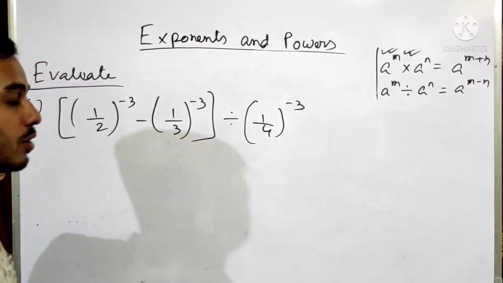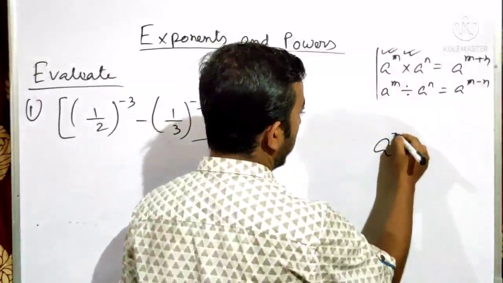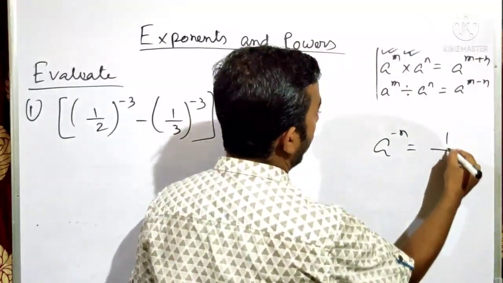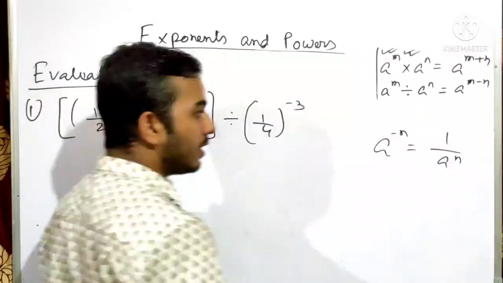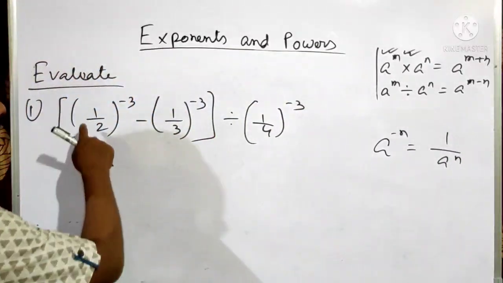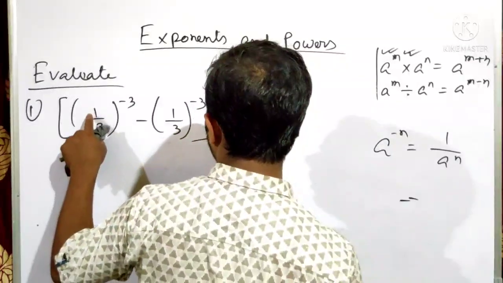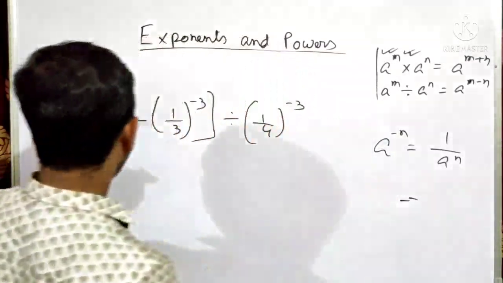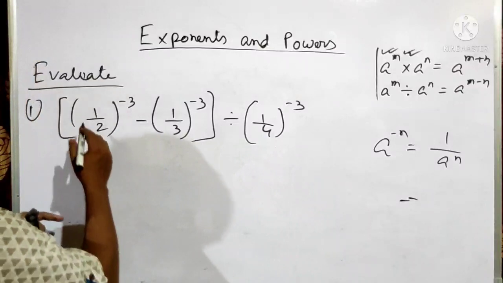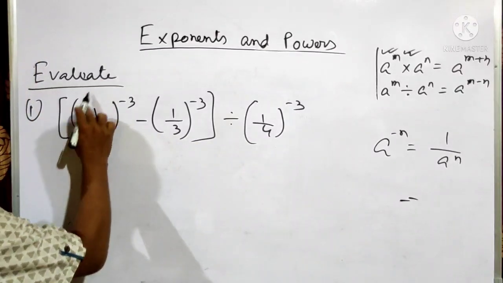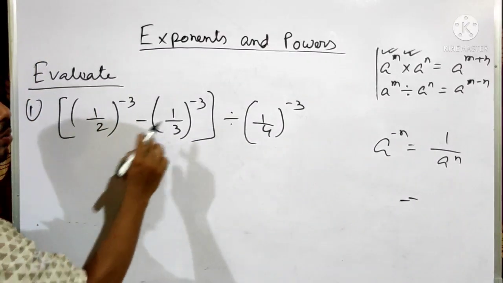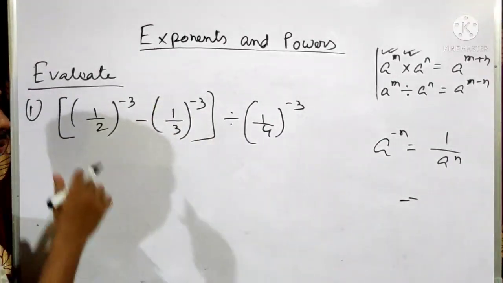Power is minus. So we know that a power minus n can be written as 1 by a to the power n, isn't it? So here, in place of a, it will be what? Here a is 1 by 2. In this case a is 1 by 3.